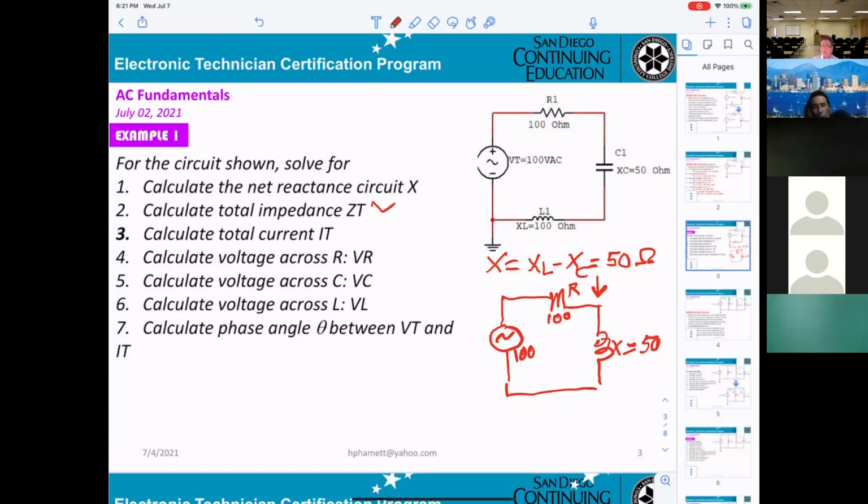And then if you want to calculate the total impedance here, if you don't remember the formula, open the handout I gave you. So basically Z total is the square root of R squared plus X squared.